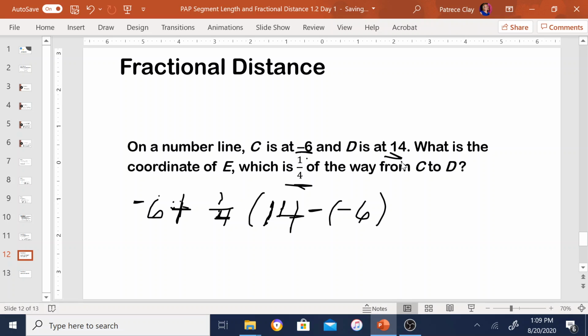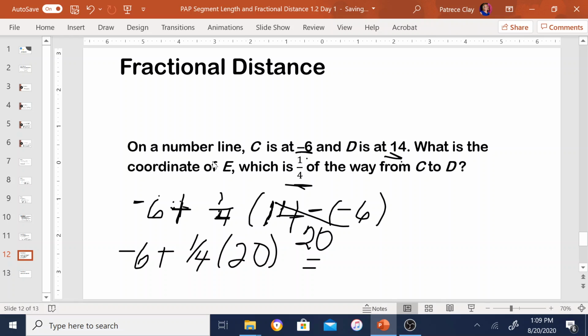So let's find in the parentheses first. So 14 minus a -6 is 20, right? So let's change this to 20. Now we know, okay? And let's solve the rest of our equation. So -6 plus 1/4 times 20.